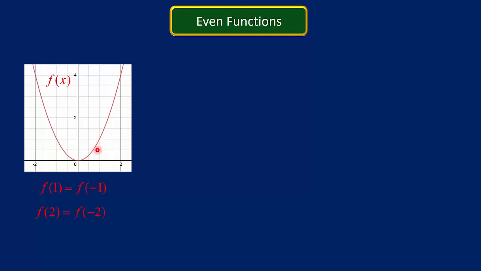Now, we could do that for 2 as well. F of 2, notice it has the same y value as f of negative 2. And in general, it's not just 1 and negative 1, 2 and negative 2, but any x we come to on here. If we find that f of x is exactly the same as f of negative x, then we say that function is even.